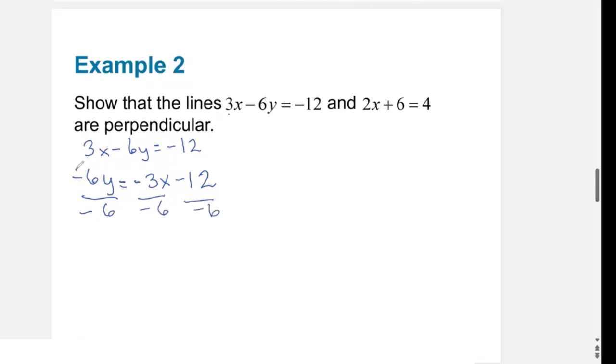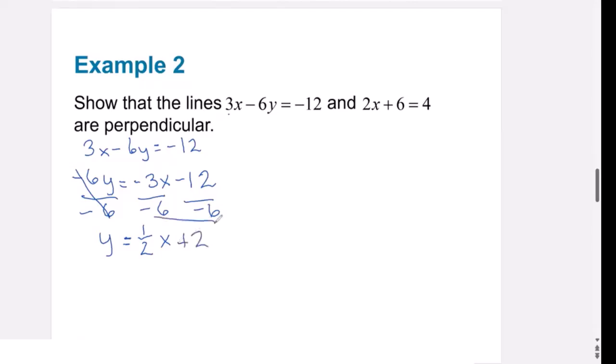And I end up, these cancel, so I get y is equal to, and then negative 3 over negative 6 is positive 1/2 x, and then negative 12 divided by negative 6 is plus 2.